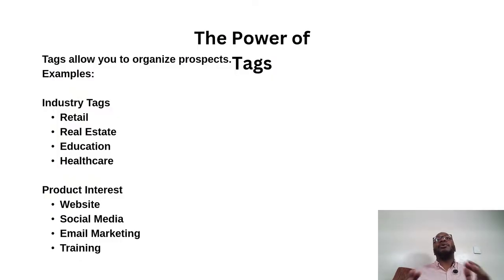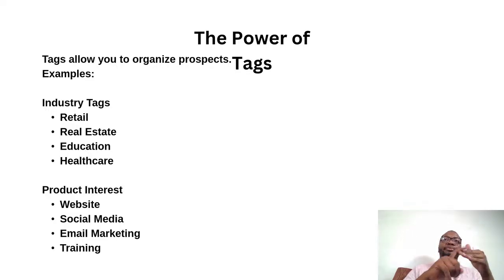Now that we have a picture of the pipeline, let's go into tags. What are tags? Tags allow you to organize your prospects. A lot of platforms you're going to be using are going to be talking about tags. For example, you could have tags based on the industry, the product interest, or their position.